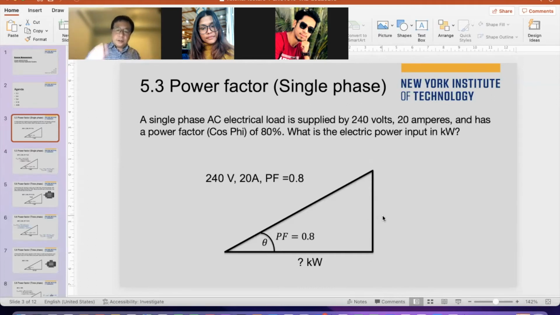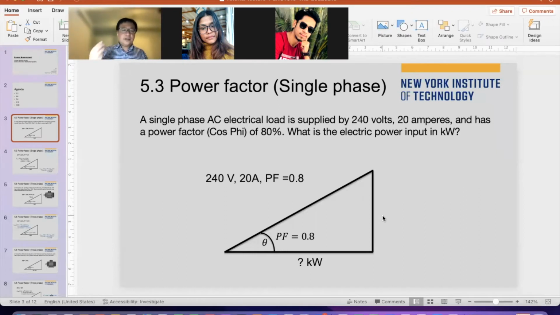And the vertical one is the reactive power. This power is a kind of waste, but why is it created? Nobody wants this to happen, but when the current passes through a magnetic field, it creates another current, like what we did in the transformer.